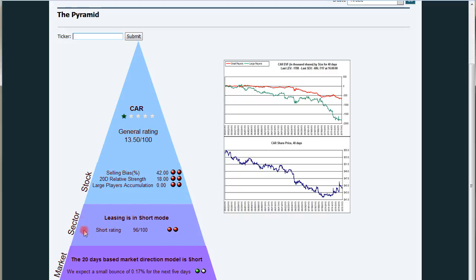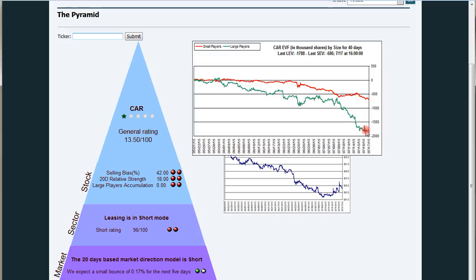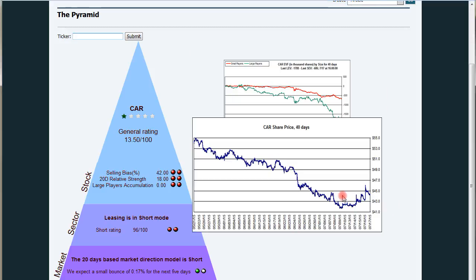The leasing sector was very negative, and the effective volume was negative. But on Friday, we had a jump in price due to the upgrade by Deutsche Bank, and since my stop was at 45, I had to decide on Friday at what level I would sell the stock.